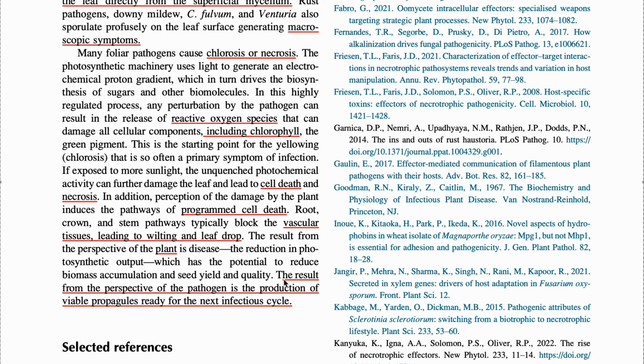Okay, and the result from the perspective of pathogen is the production of viable propagules ready for the next infectious cycle. All right, so that's it for today.